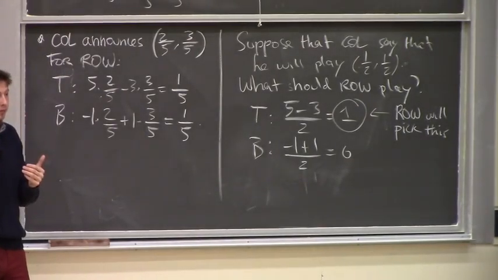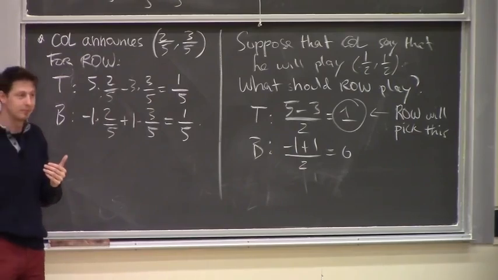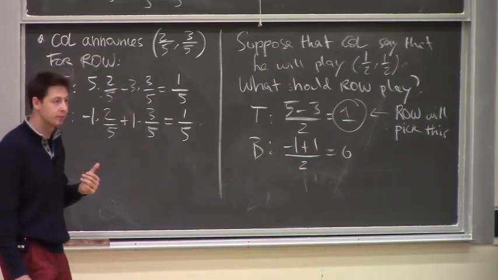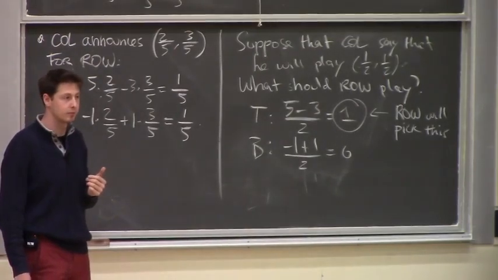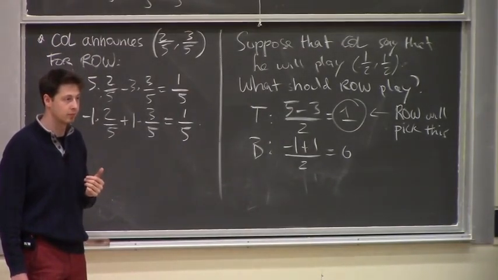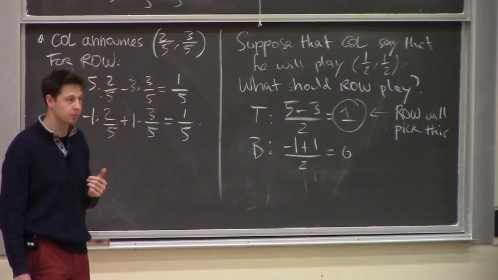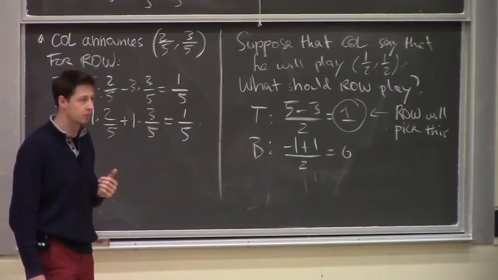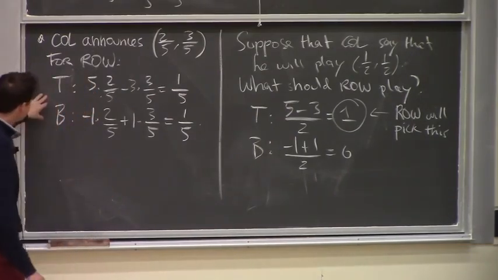OK? That makes sense? Yeah. How do I know that there's no way to come up with a strategy where the left and right are both greater than 1/5? Because you can look at the other player, right?